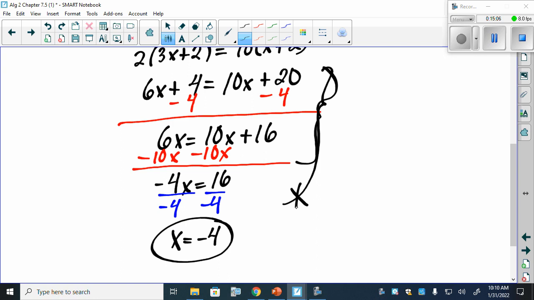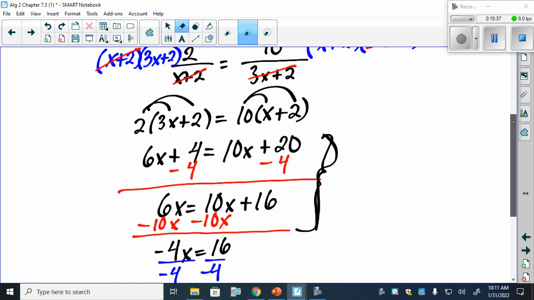Let me see. 10x plus 20. 4 minus 20. It'd be negative 16. Yep. That's it. So the order in which we do the addition, subtraction, moving to either side really doesn't matter. It's whichever way we want to do it.